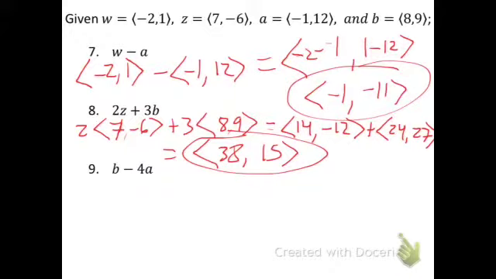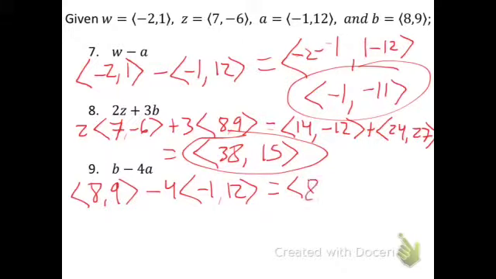On 9, we need to do b minus 4a. So I'm going to put b down, which is 8, 9. I need to subtract 4 times a. A is negative 1, 12. I'm going to simplify the right part first, so I'm going to leave 8, 9 there the way it is. We need to subtract off, well, 4 times negative 1 is, I mean, negative 4. And 4 times 12 is 48.